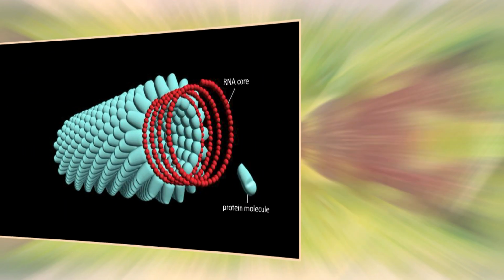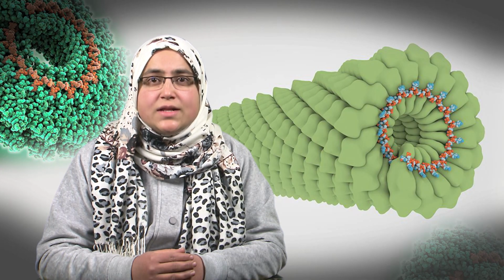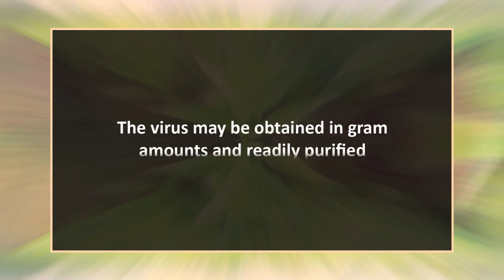Now let us know about the structure of tobacco mosaic virus. Tobacco mosaic virus (TMV) is a particularly suitable object for studies on the physical and chemical structure of viruses and on the mutagenic effects of various treatments. The virus may be obtained in gram amounts and readily purified.